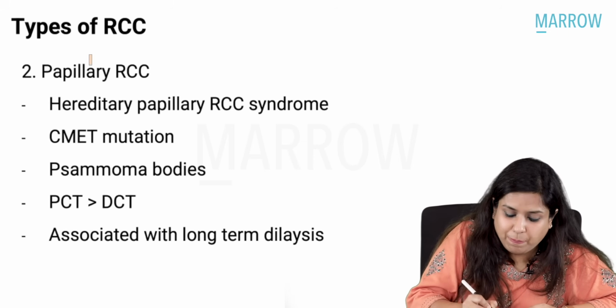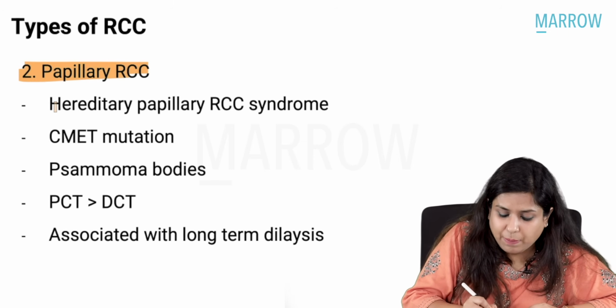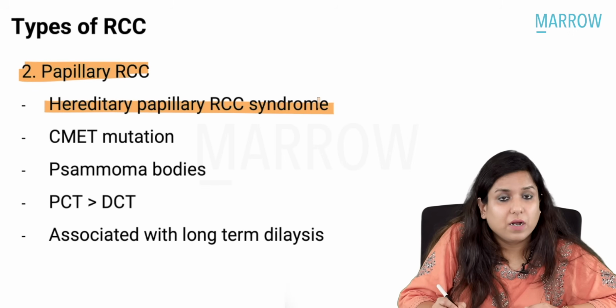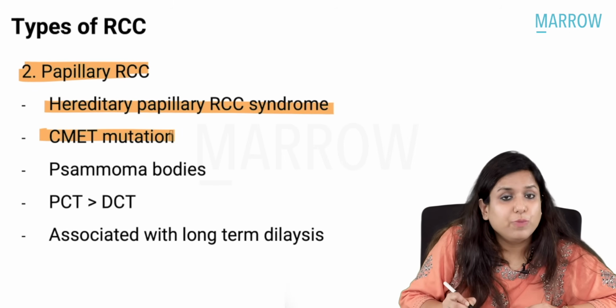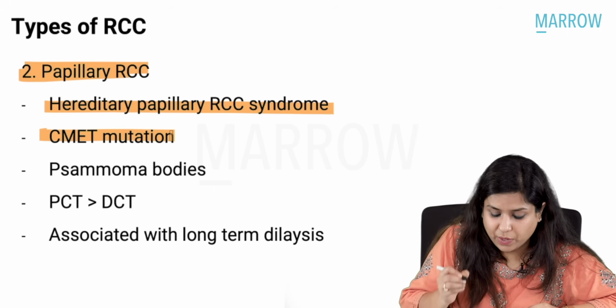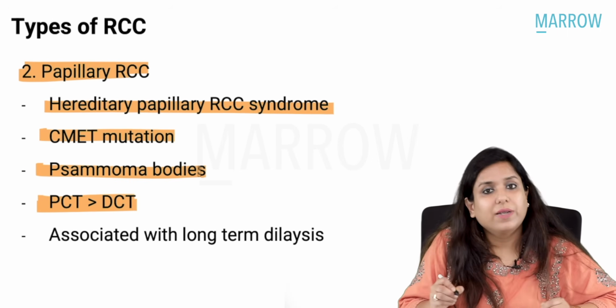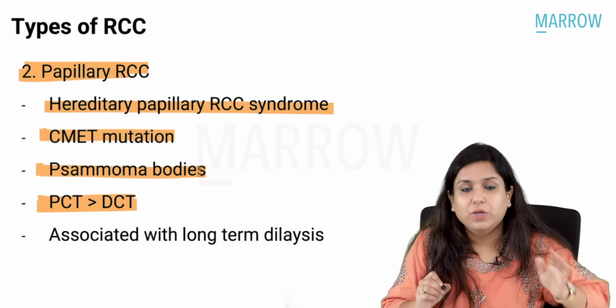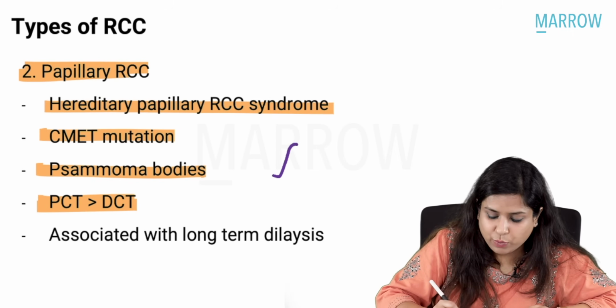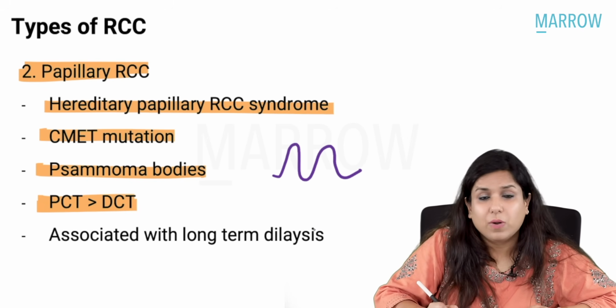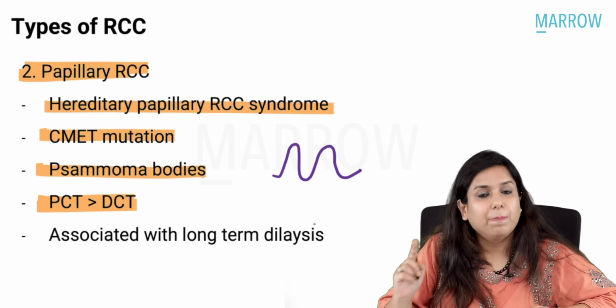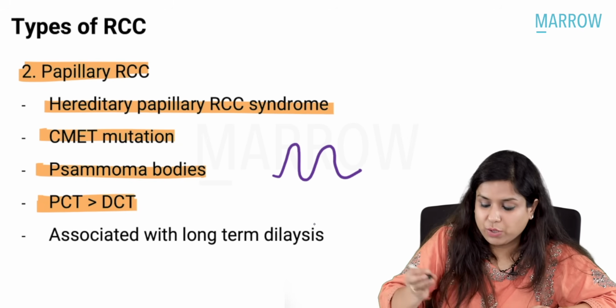Then we have papillary RCC, can be associated with hereditary papillary RCC syndrome. C-MET mutations are commonly seen, right? It usually involves PCT more commonly. Psammoma bodies can be seen in any papillary tumor. So, when you see the histopathology, you will see papillae, that is why this is called a papillary lesion. But the papillae are not lined by a fibrovascular core, students.